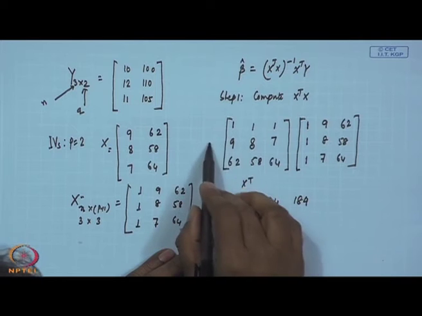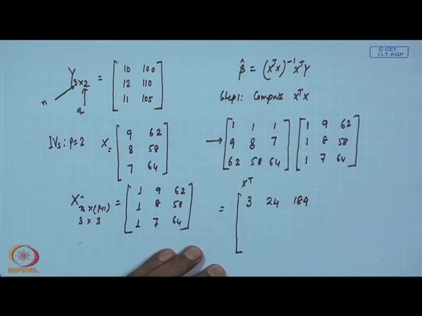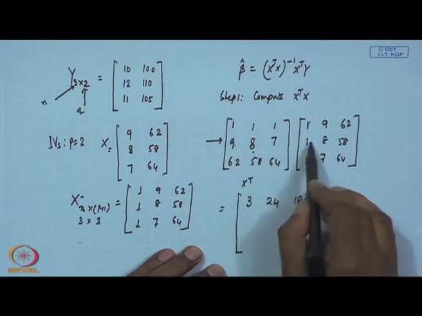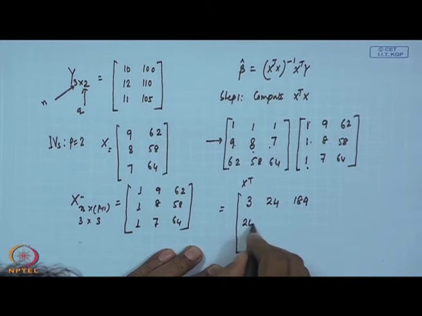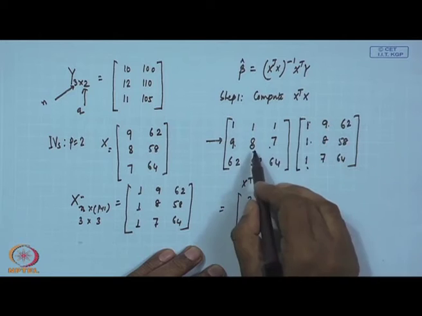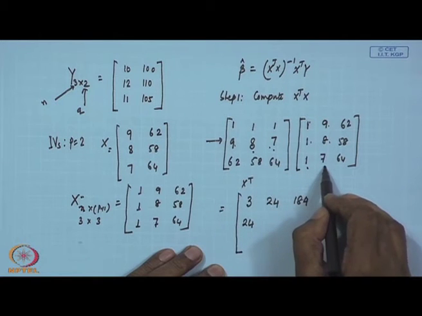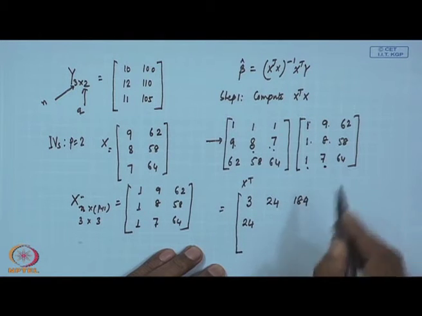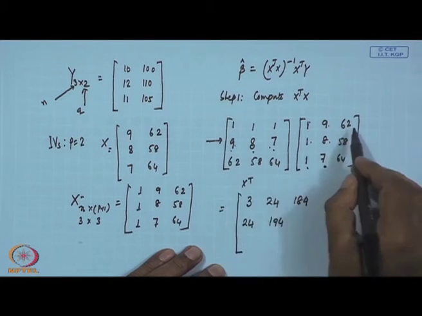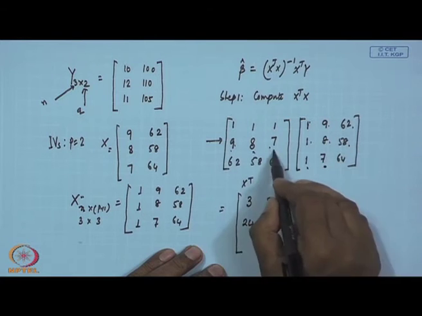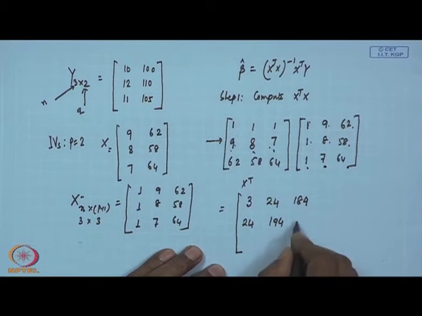Now consider the next row: 9 into 1 plus 8 into 1 plus 7 into 1, which is nothing but 24. Then 9 into 9 plus 8 into 8 plus 7 into 7, the square terms, so it will become 194. Then 9 into 62 plus 8 into 58 plus 7 into 64, this will become 1470.